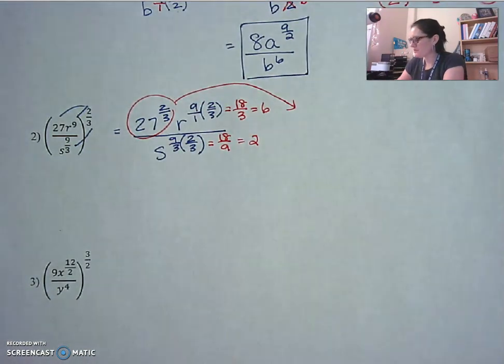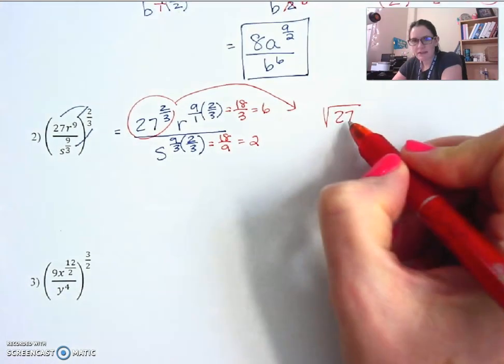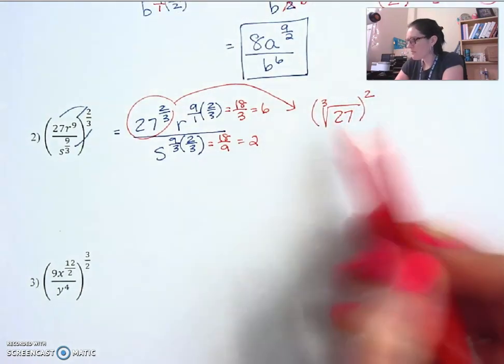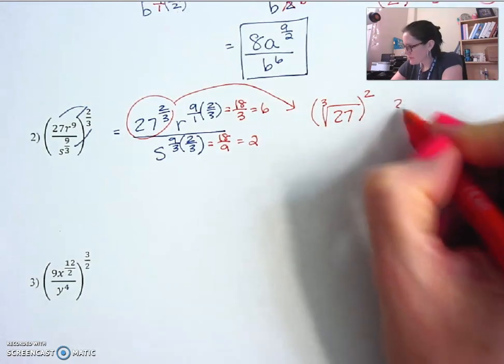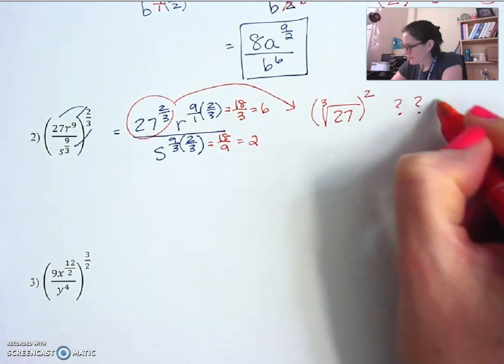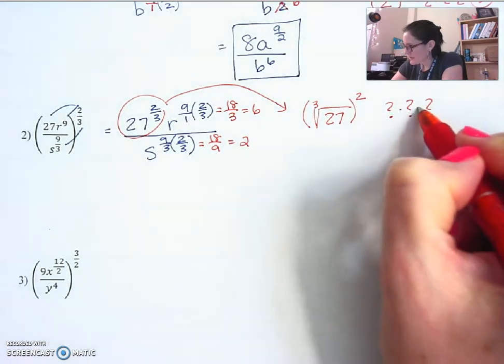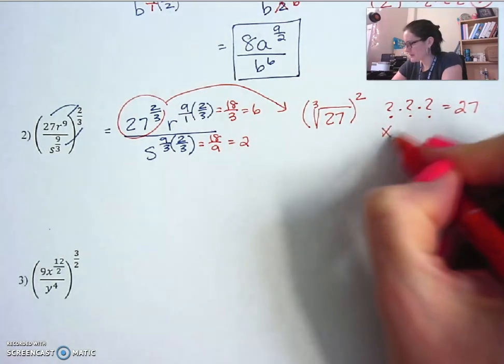27 to the 2/3. 27 is my base, my root is 3, and my power is 2. So the cube root of 27 means what number multiplied by itself 3 times is going to give me 27.